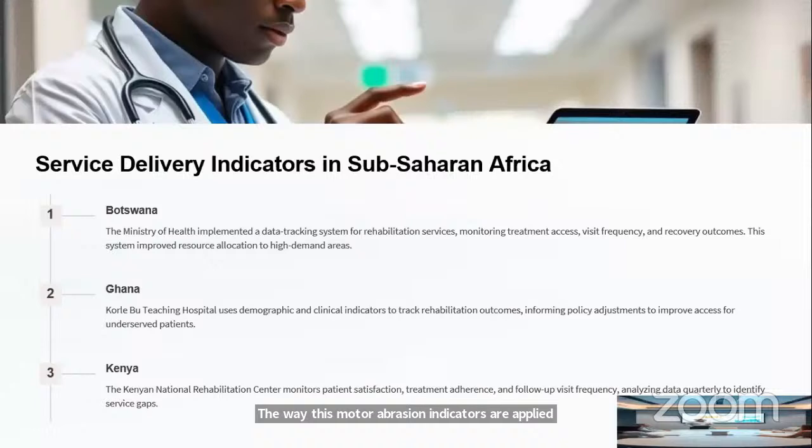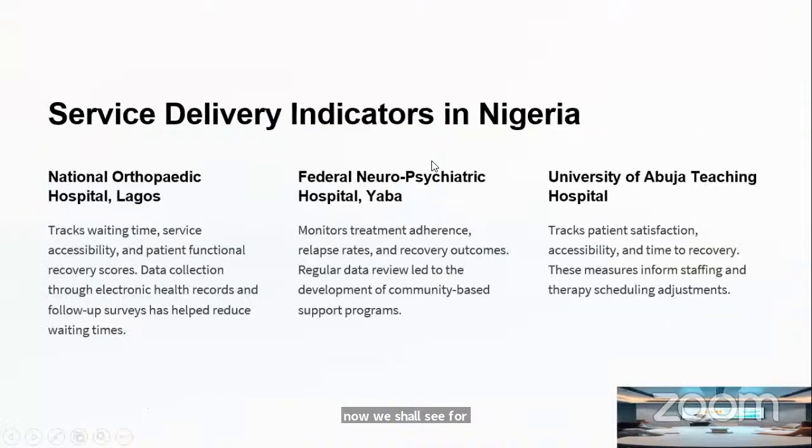Now we shall see service delivery indicators in our own country. We have examples of about 3 hospitals: the National Orthopedic Hospital Igbobi, the Federal Neuropsychiatric Hospital Yaba, and University of Abuja Teaching Hospital.